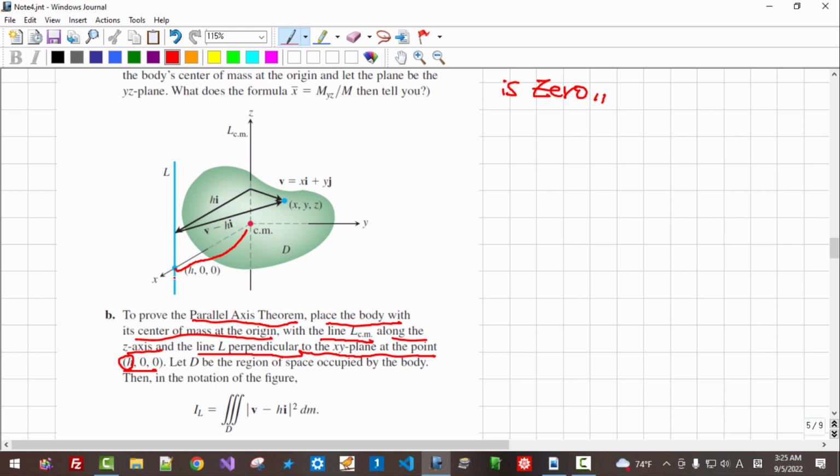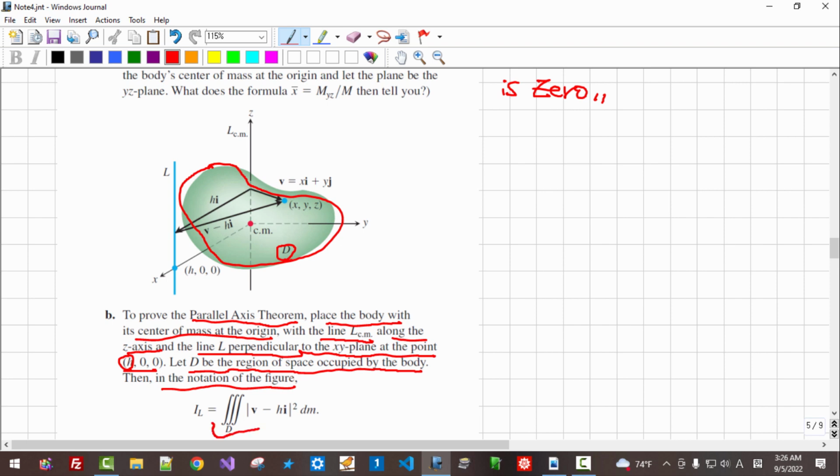Don't forget this fact. Let D represent the region of space occupied by the body. Then the notation of the figure.